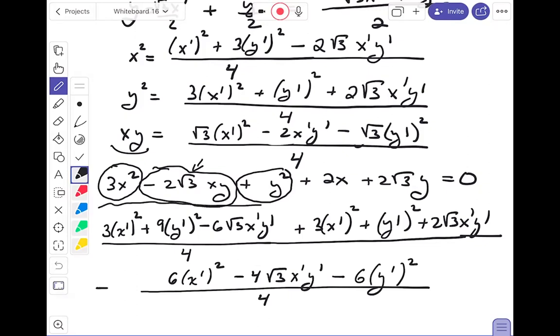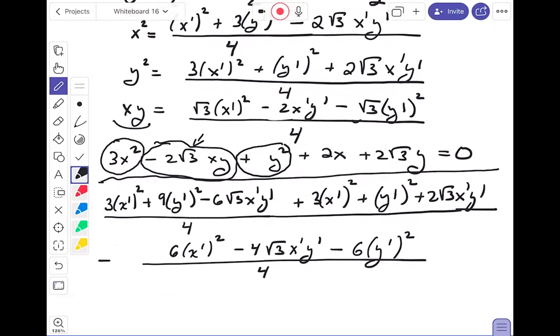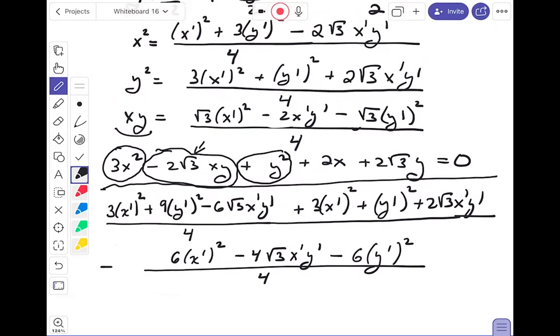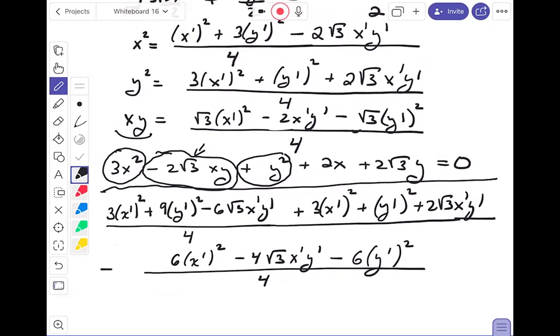A little line over here indicating that this is where all the work is happening. All right. So I got to write down this now. And I'm going to do that from memory. Plus 2x. Well, that's going to be, if I did 2x, it would be x prime minus y prime root 3.